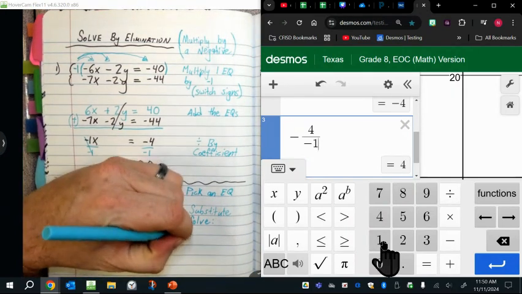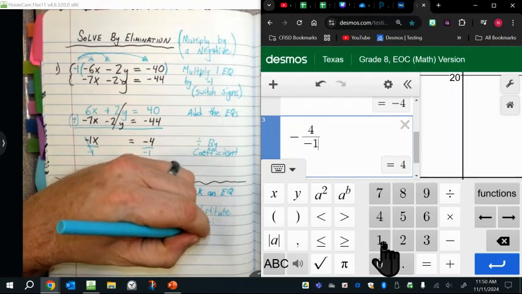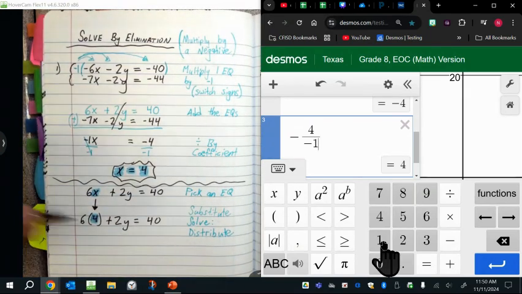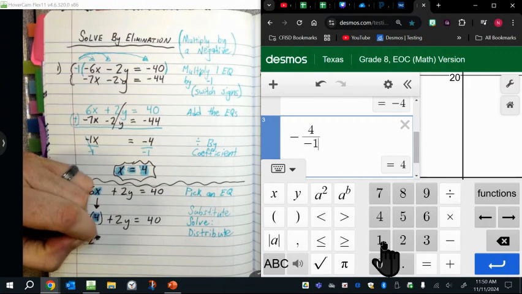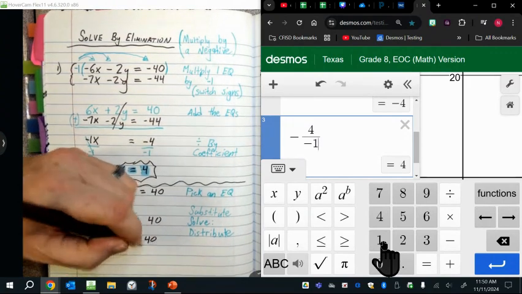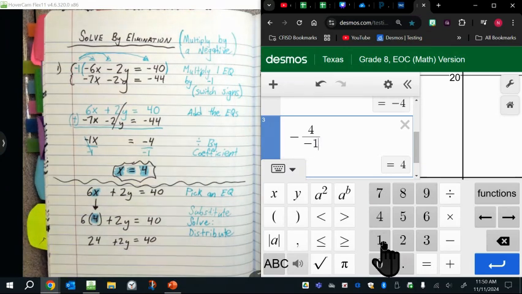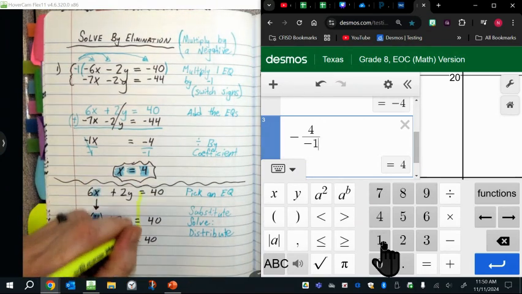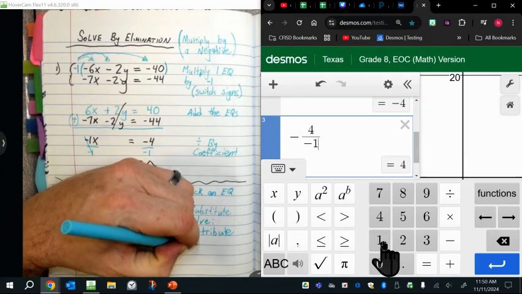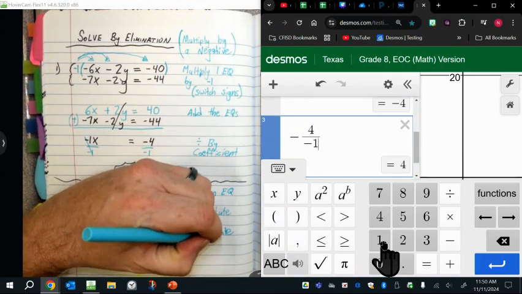Well, first thing we will do is distribute. 6 times 4, 24. Bring down my 2y and my 40. And then we're going to add or subtract.